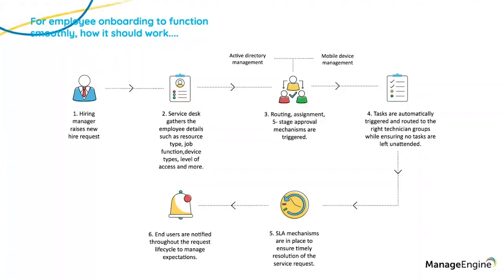Then we move on to the next stage, which is routing. That is, you route it to the right technician and to the correct approvers. After the approvers have done their job, it gets automatically assigned, and then the tasks are automatically triggered.